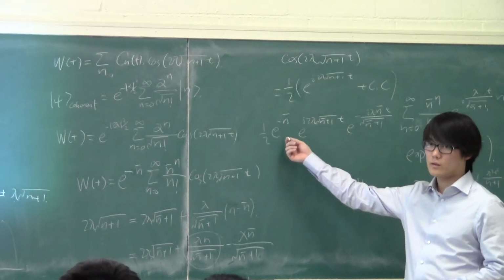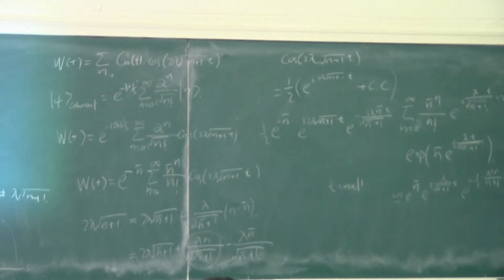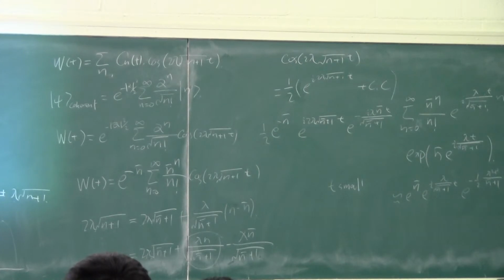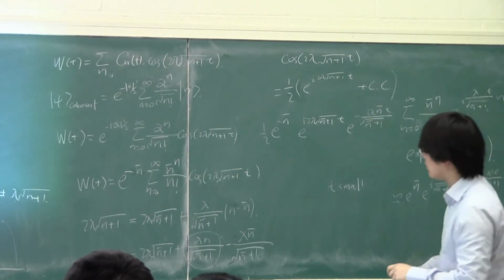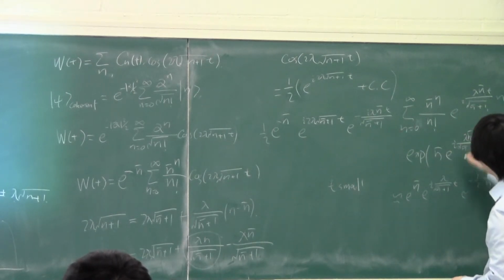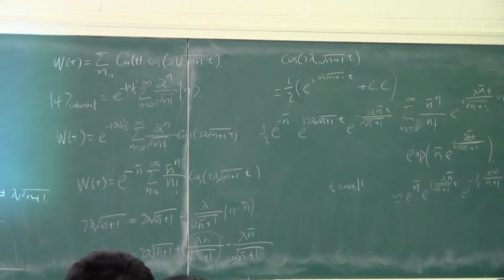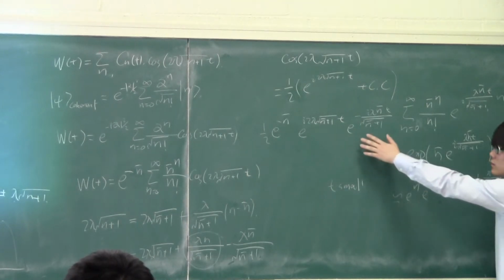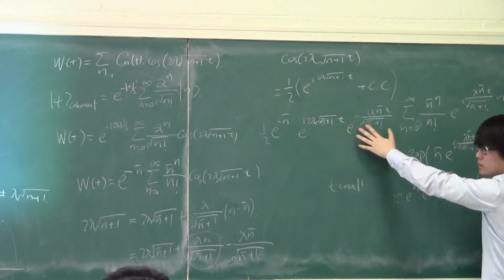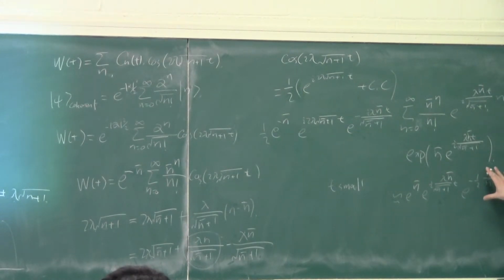And then also, for some reason, I think this should cancel this. Maybe there's a mistake somewhere. Oh, I threw out an n bar. That's why. Now this is right. So this is going to cancel with this one. And then we're left with this exponential term.